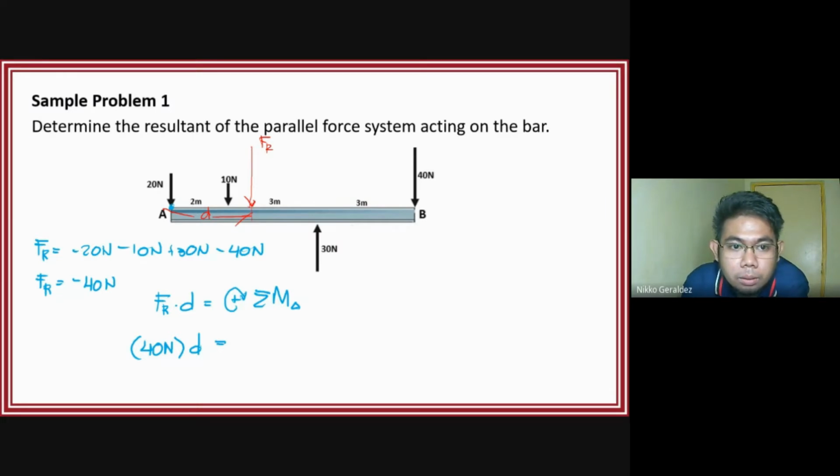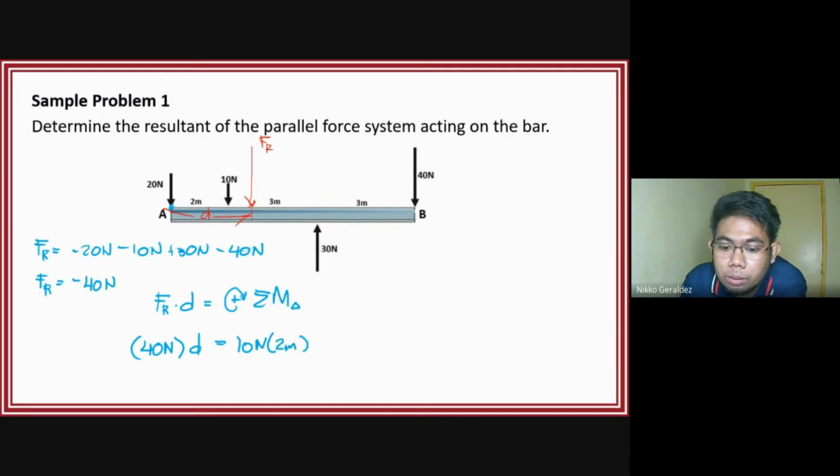So, equal to summation of moments at A. So, moment center natin at A. So, 20 newtons, 0. The next, 10 newtons, clockwise, counterclockwise. That is clockwise, so positive 10 newtons times perpendicular distance 2 meters.